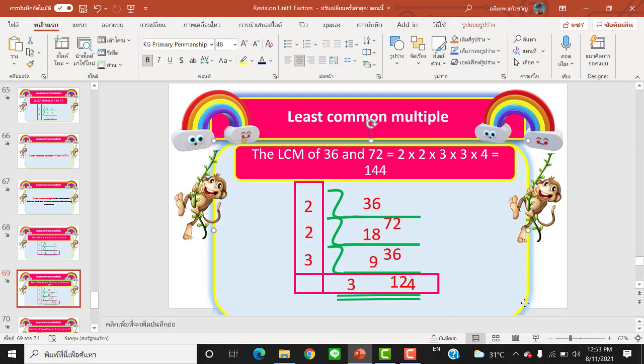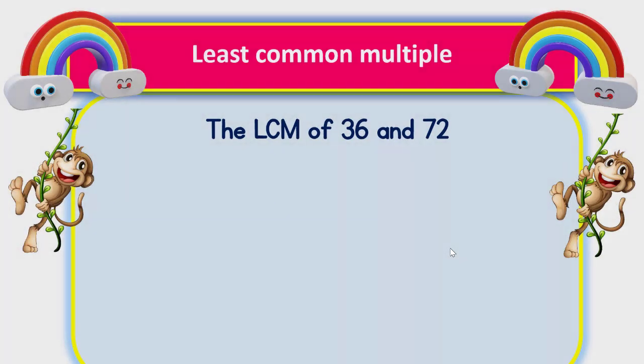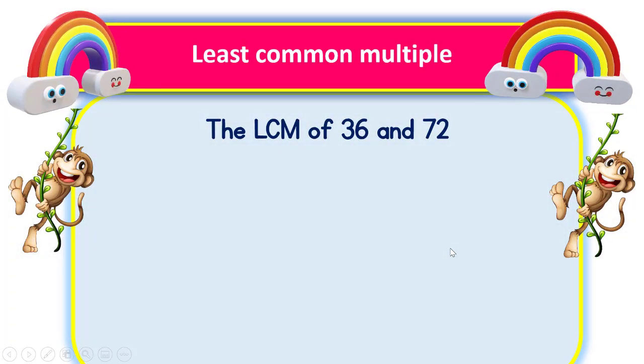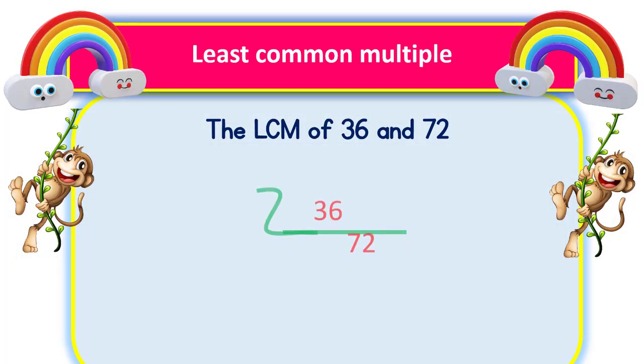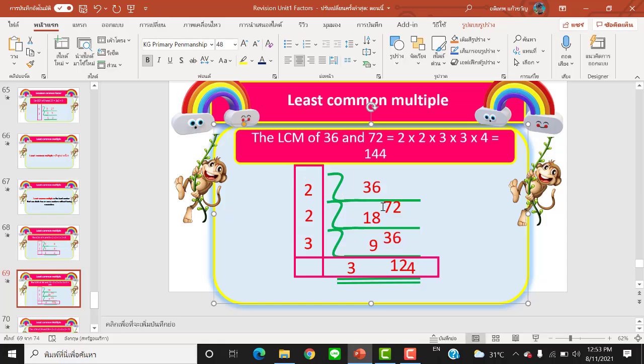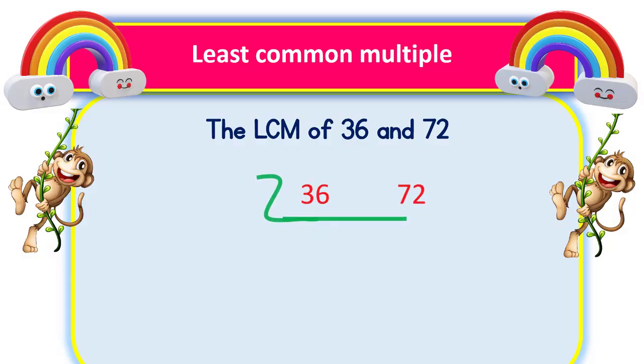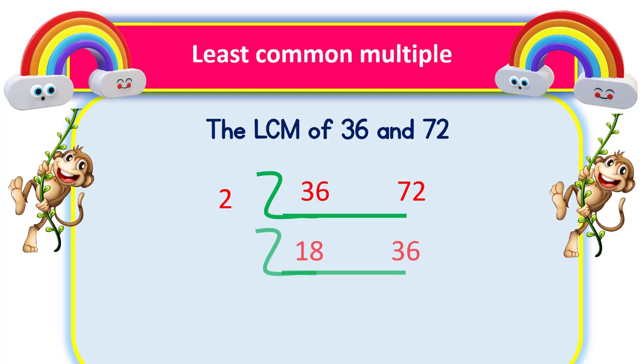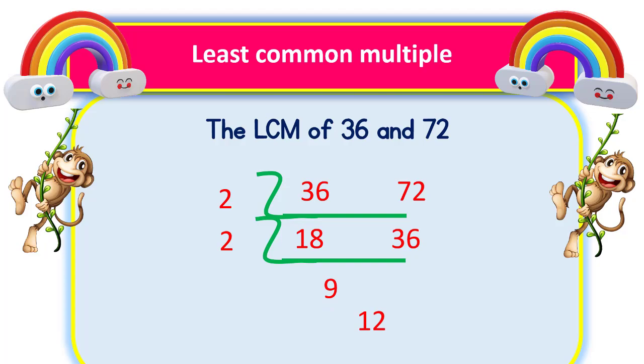Next. The least common multiple of 36 and 72. Sorry, something wrong. Okay. 36 and 72. 36 divided by 2 is 18 and 72 divided by 2 is 36.